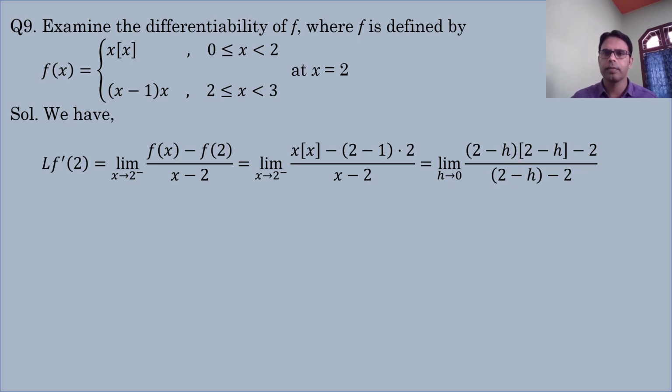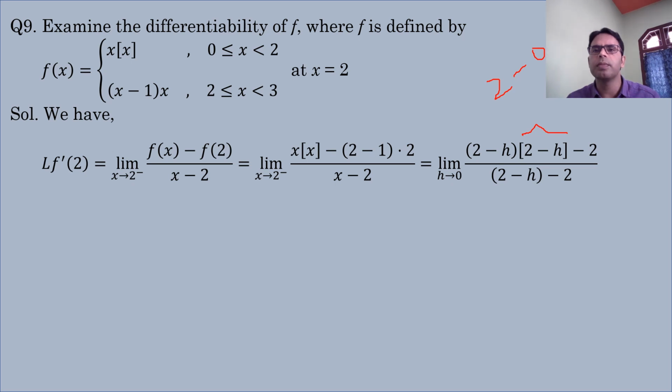But here, this is the interesting point. Actually, what type of number is 2 minus h? h tends to 0 means it is a very small number.